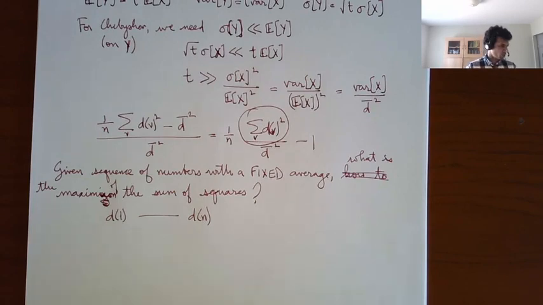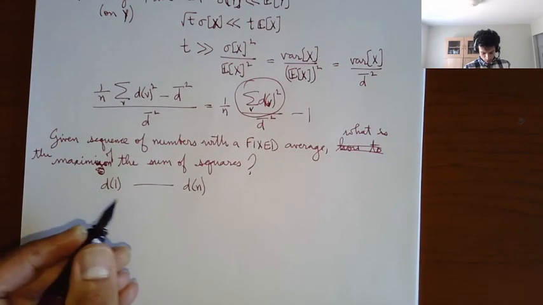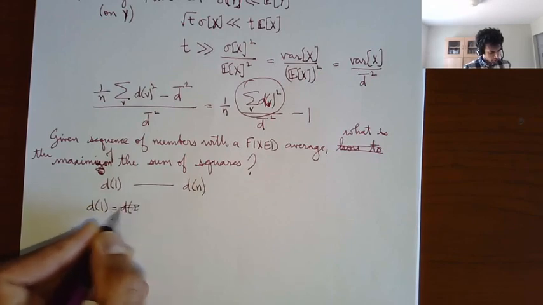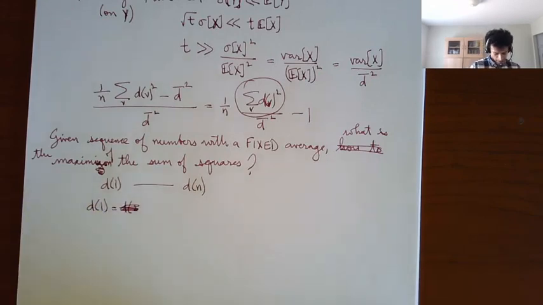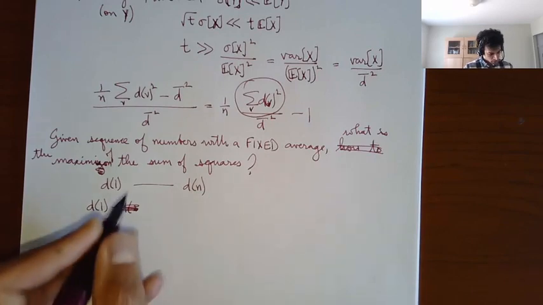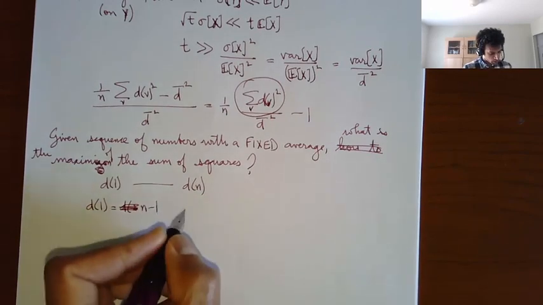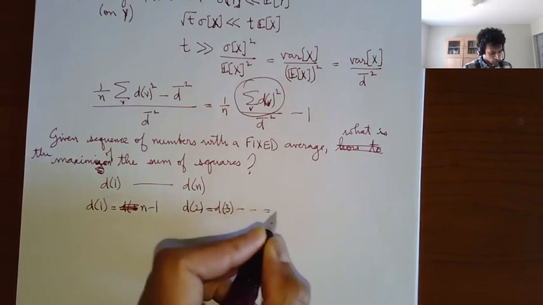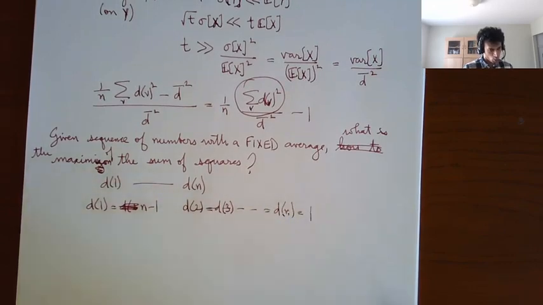Put everything on one number, right? Basically, try to maximize an individual entry. So suppose d1, the first one, I'll make that the maximum. I could make that n minus 1, and d2 equal to d3, and so on, equal to dn is equal to 1. What is the graph?